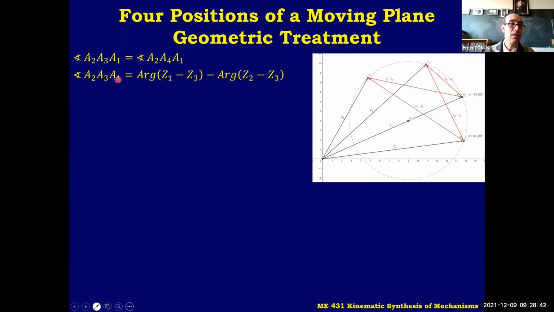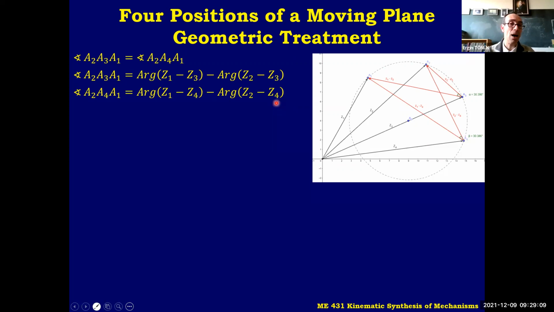So this angle becomes argument of Z1 minus Z3 minus argument of Z2 minus Z3. Now I'll try to write this angle, and actually they should be equal. So it's argument Z1 minus Z4 minus argument Z2 minus Z4.